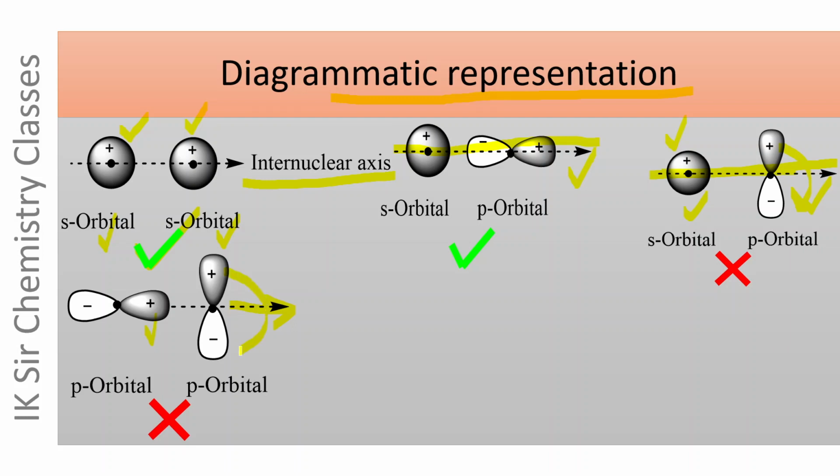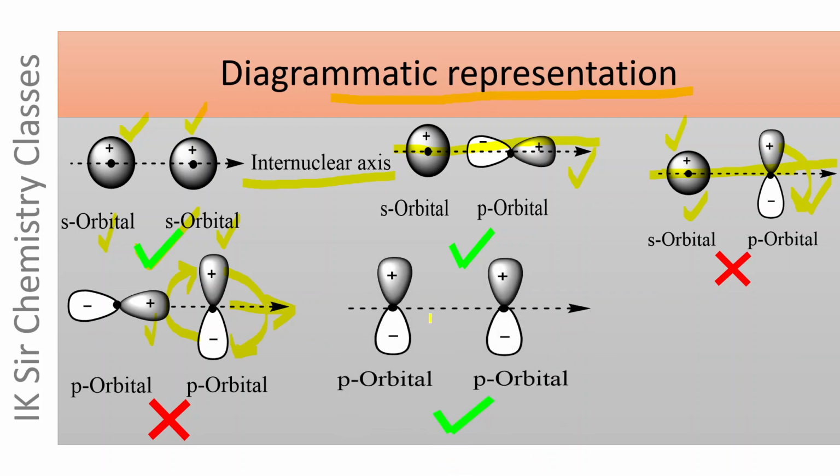Positive will come downwards and this negative will come to upward position, and hence this combination of two p orbitals is not possible. But if both the p orbitals are in vertical positions, that is parallel to each other, the combination is possible because on rotating about the internuclear axis, the signs of both the orbitals will change, and hence this linear combination is possible.